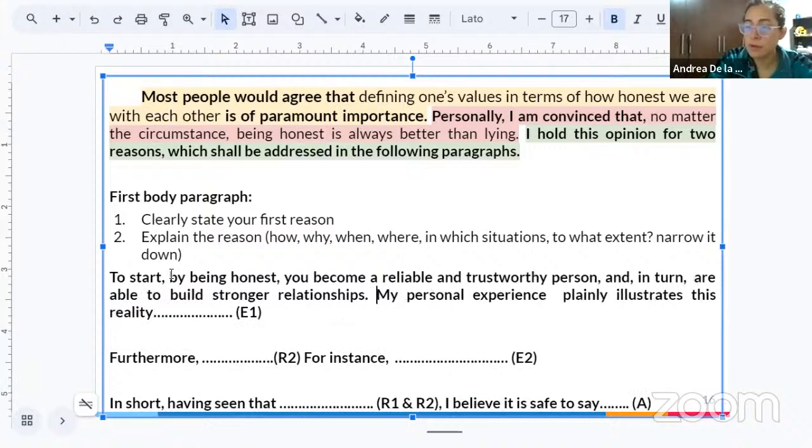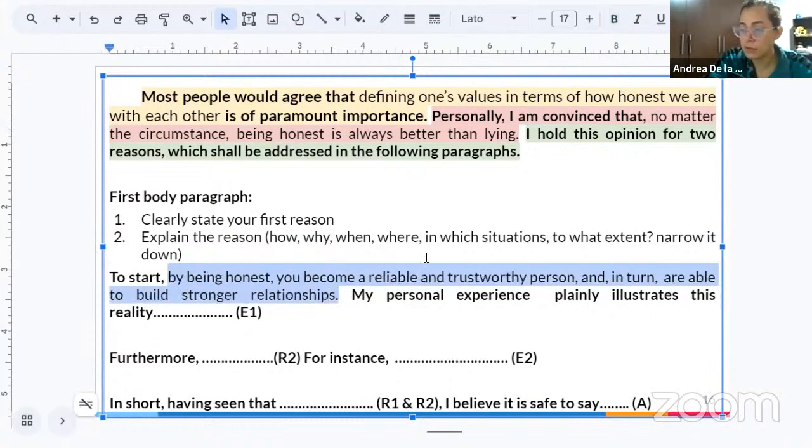Okay, so for example, let's say this is a reason, right? By being honest, you become a reliable and trustworthy person, and in turn are able to build stronger relationships. This is the reason we thought about, right?